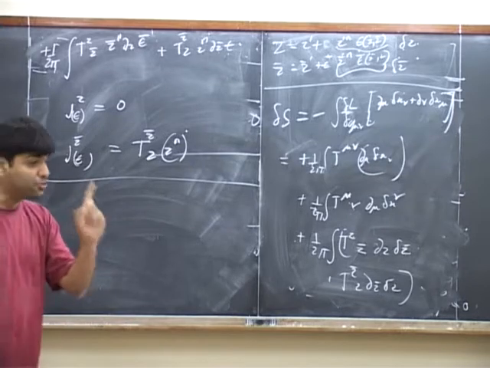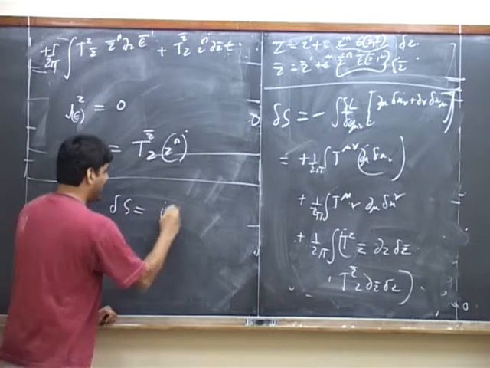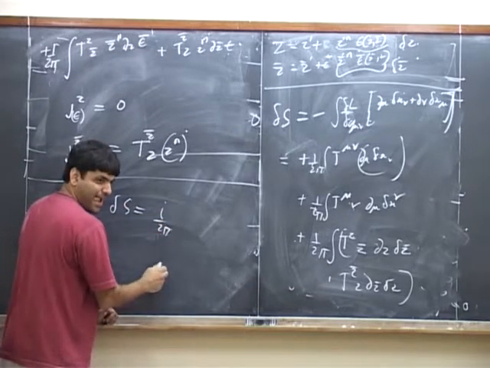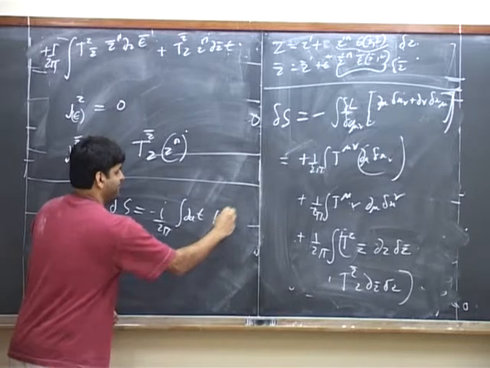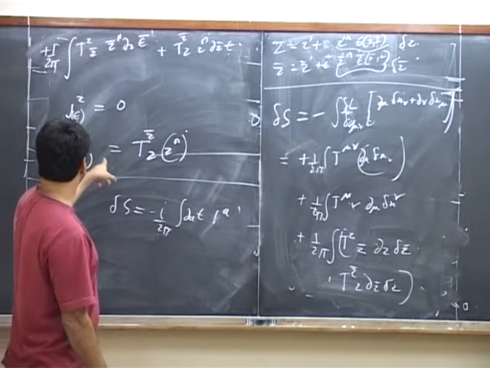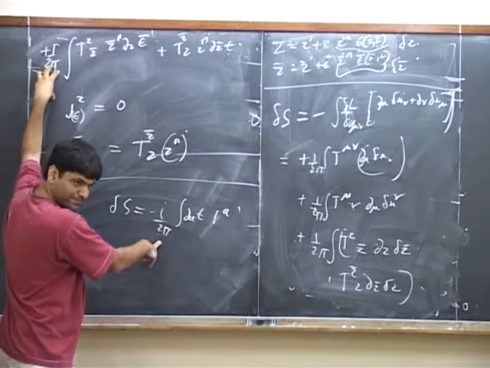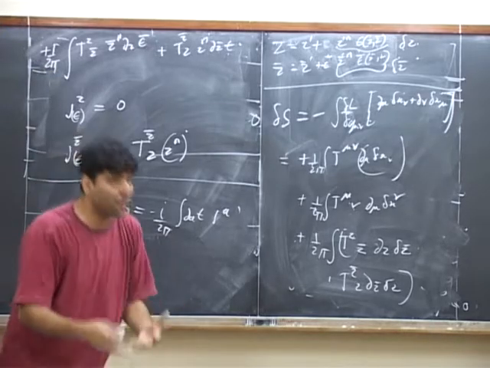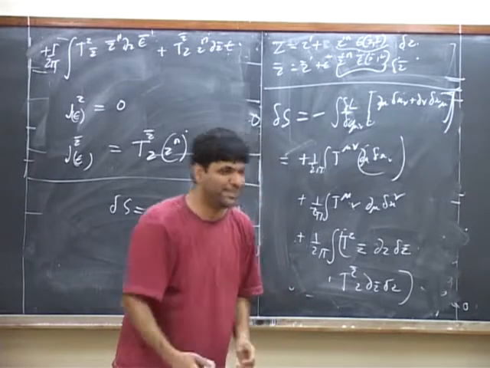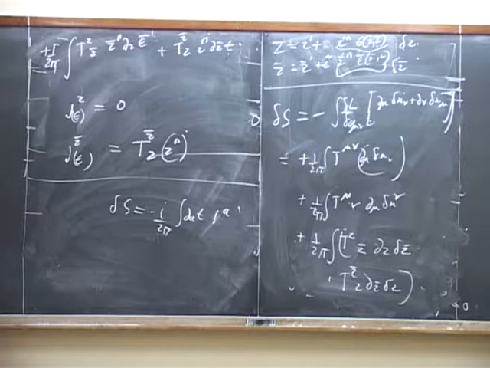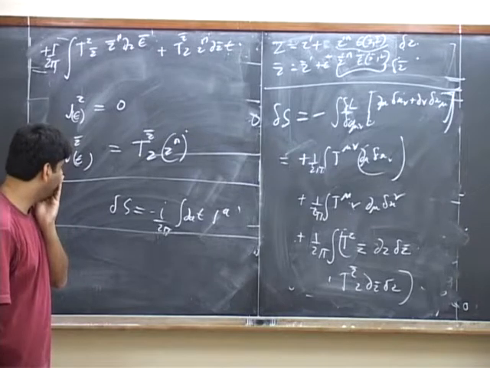you see, in the usual definition of the current, the change in the action had an i. Delta S was equal to i by 2 pi, it was minus i by 2 pi, del mu epsilon J mu. This was the usual definition. So if we were using the usual definition, now we would have an i, because we've got 1 by 2 pi, but without an i. Okay? But the current corresponding to translations was scaled by an extra factor of i.